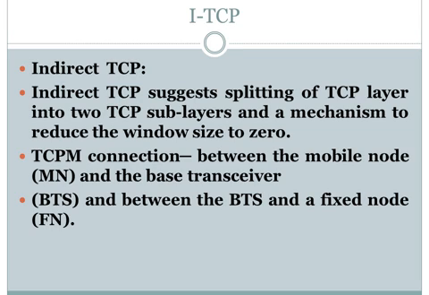One between the mobile node and the base transceiver station, the BTS. And the other one between the BTS and a fixed node. Is the BTS fixed or mobile? We assume the BTS is fixed, and will be serving the mobile node as well as the fixed node.